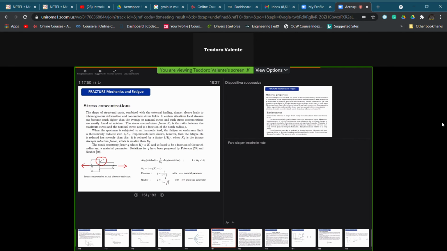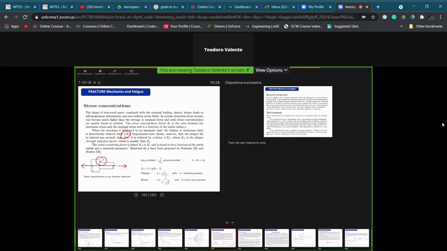And if the specimen is then subjected to a harmonic load, that means a fatigue load, we have, due to this stress concentration, a reduction of the fatigue limit by the term 1 divided by KT.